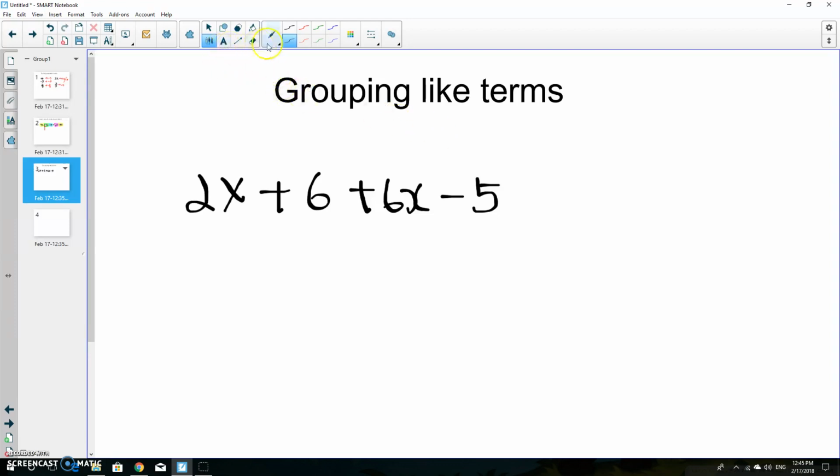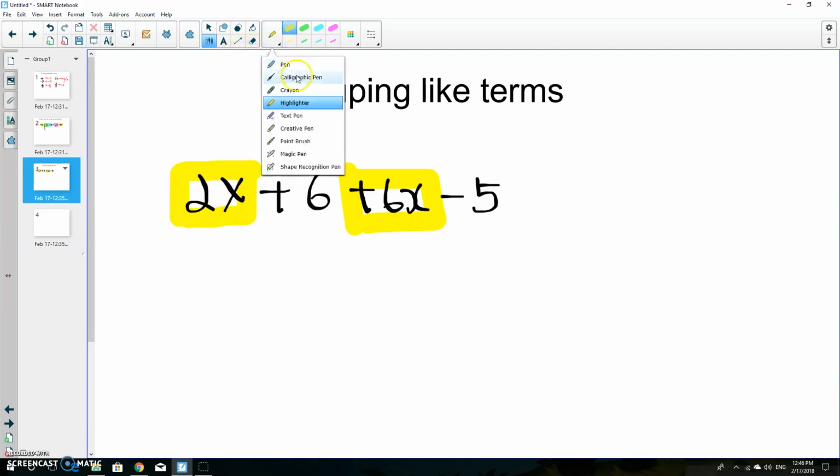So for example, I have 1, 2, 3, 4 terms together. I would say these two, pay attention to how I group them, are like terms. Like terms means they both have the x. And so 2x plus 6x actually means something. If you're having a problem with it, think about it as 2 apples over here and 6 apples over there. It will add up to 8 apples.